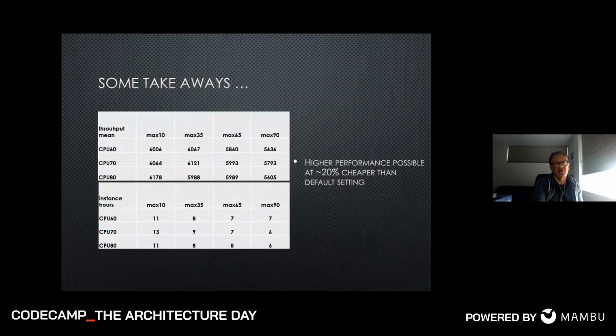So these are the mean values from all of those tests for throughput of requests handled per second and instance hours billed. So here you can see the different configurations and the mean throughput and the mean instance hours billed. So higher performance is possible at 20% cheaper than the default settings.